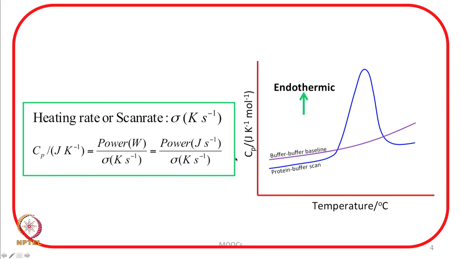And since I have heat capacity, let us recall our discussion on heat capacity. Heat capacity is a very important thermodynamic connector between various thermodynamic properties at one temperature and another temperature.